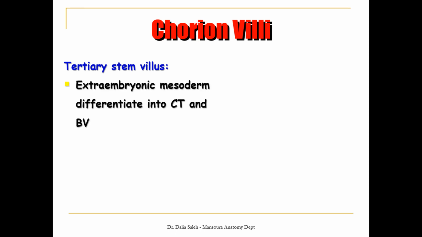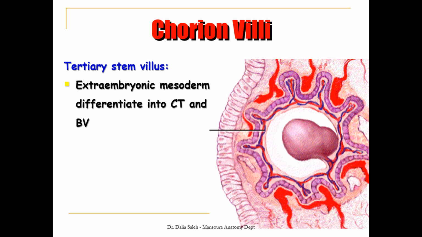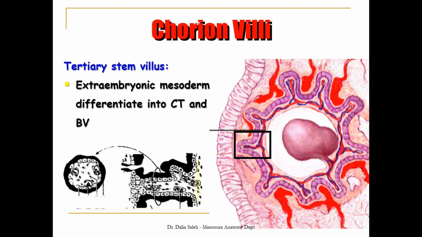It develops when the extra-embryonic mesoderm differentiates into connective tissue and blood vessels. So we can see the extra-embryonic mesoderm surrounded by the cytotrophoblast and syncytial trophoblast, and you can see that inside the extra-embryonic mesoderm, the blood vessels develop.